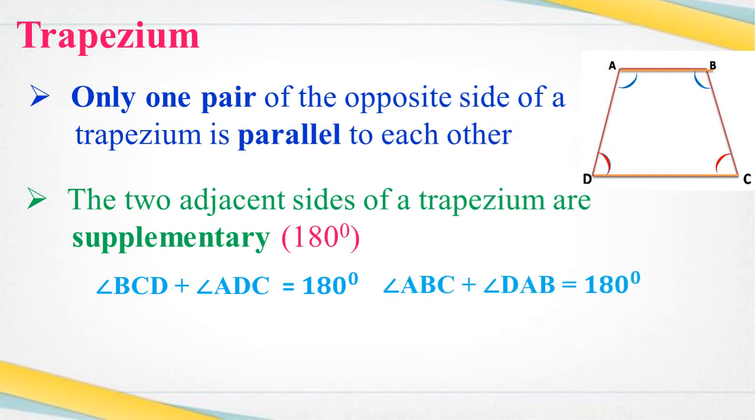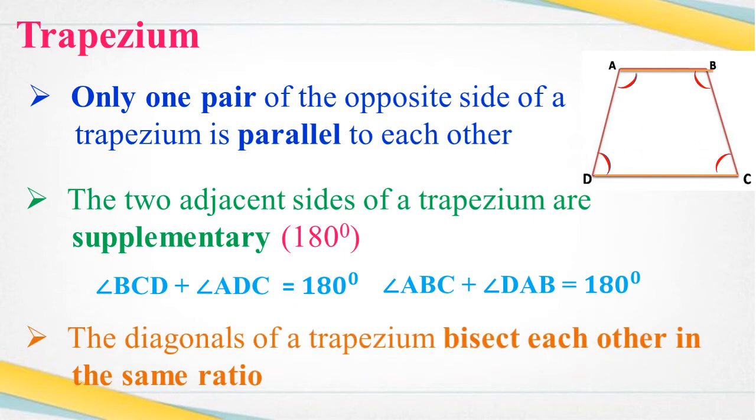Then angle ABC plus angle DAB will get 180 degrees. The diagonals of a trapezium bisect each other in the same ratio.